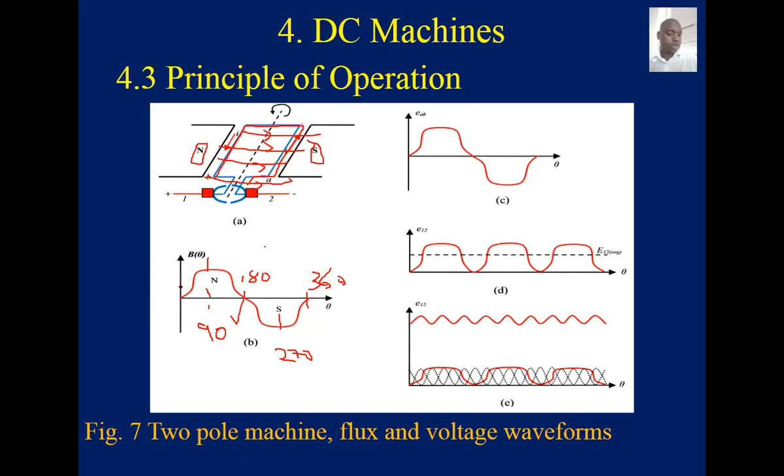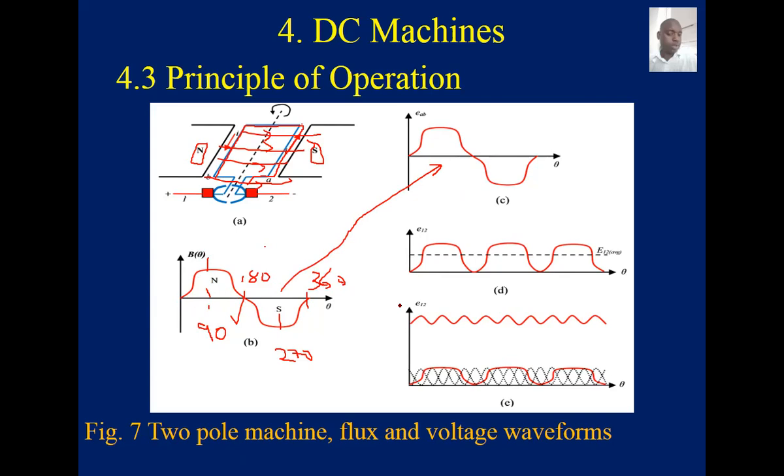So the flux will also increase in like manner. And since the generated EMF is also proportional to the flux, you realize that the generated EMF waveform tends to follow the flux.